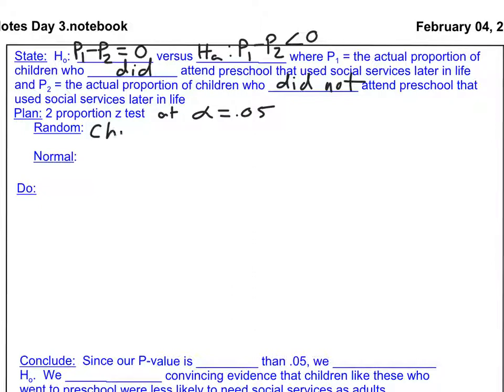For random, we'll say there's not a whole lot more I have to say here. Because really on one like this, what I would be checking for is, are you recognizing that the random condition is for assignment, right? We don't have an SRS of 123 because they weren't randomly selected.